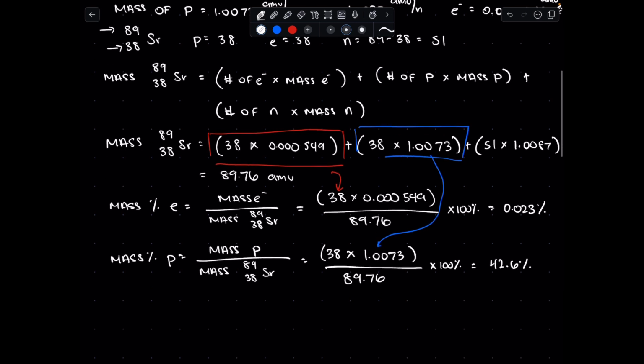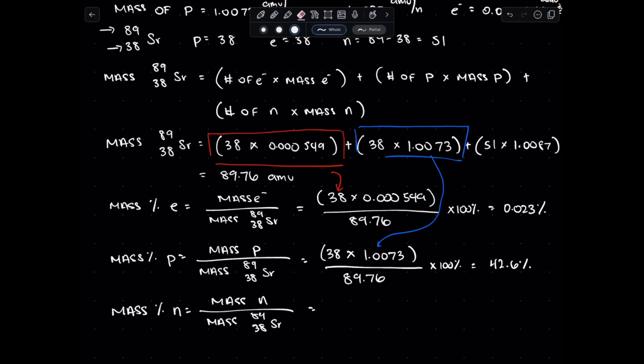Now, finally, we can do our neutrons. So the mass percent of our neutrons is going to be using the same formula, except now with neutrons, divided by the mass of our isotope, 89/38 Sr. So we're going to take that last piece of information, this 51.